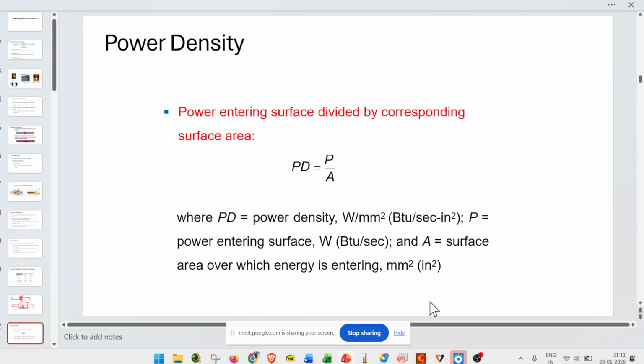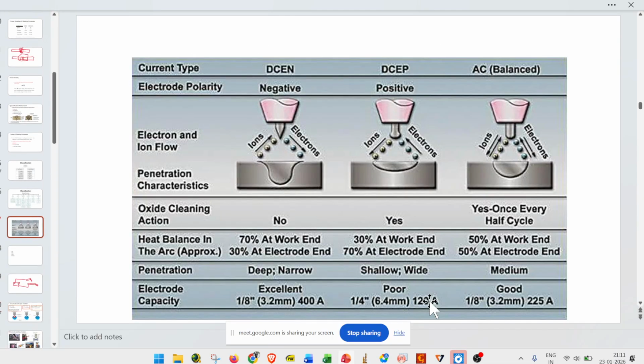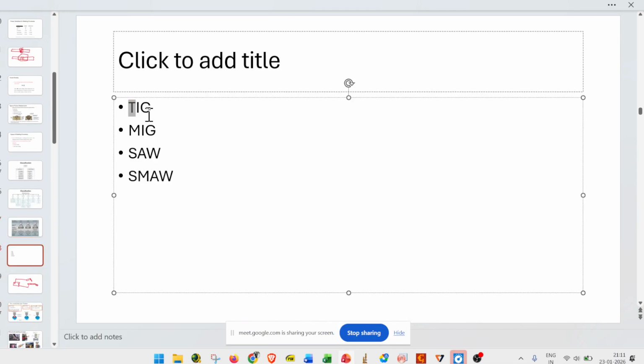In the case of TIG and MIG, we are using an inert gas such as helium or argon. Those gases act as a shielding environment around the weld bead, so that it will not react with the oxygen.